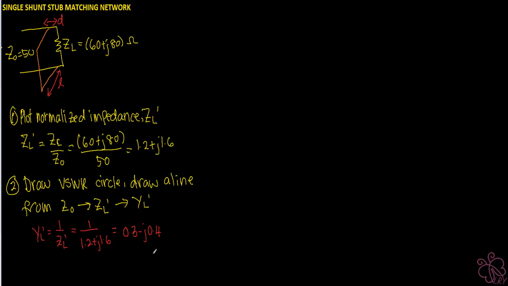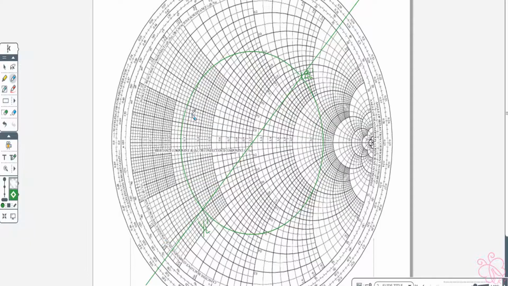Next step, what you want to do is rotate YL prime to the nearest intersection of the VSWR circle and the matched real part. The matched real part is the 1.0 circle. So let me highlight this for you.